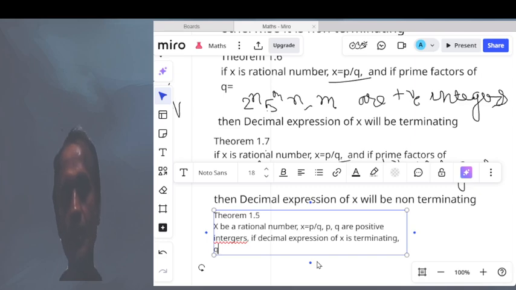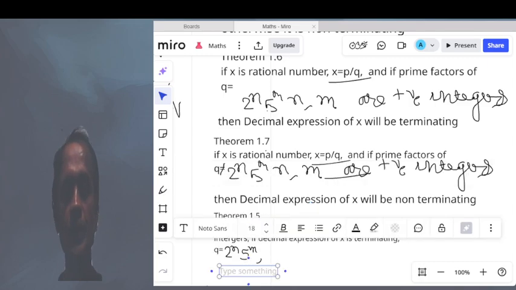So q can be expressed in the form of 2 to the power n into 5 to the power m, where n and m are positive integers.